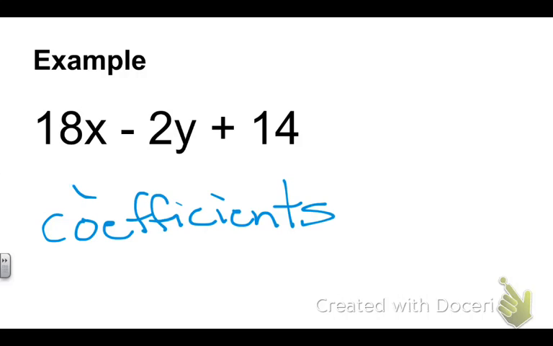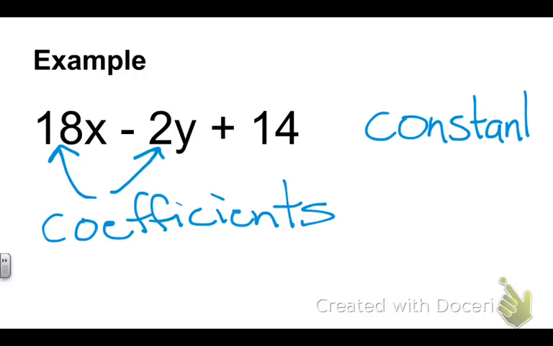So your coefficients are 18 and negative 2. Think about that. Why is it a negative 2? Alright, you got to take the sign before the number. But then our constant, that's the number that has no variable. Our constant is just our 14, our plain old regular number.